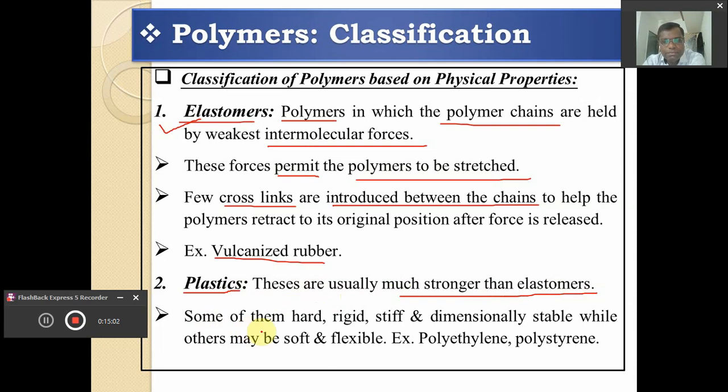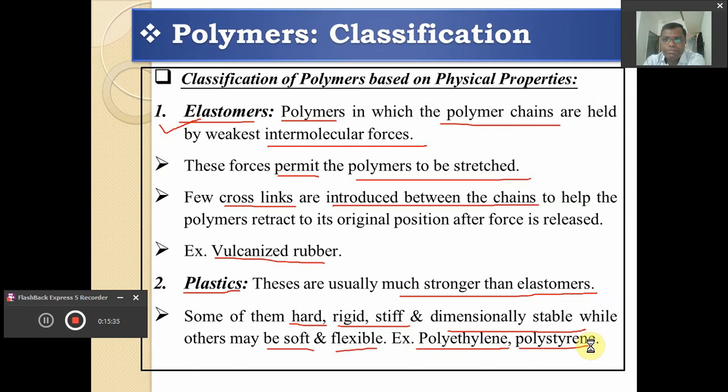Some of these polymers are hard, rigid, stiff, and dimensionally stable, while others may be soft or flexible. The examples of these plastics are polyethylene as well as polystyrene.